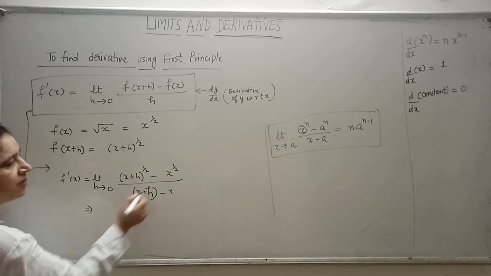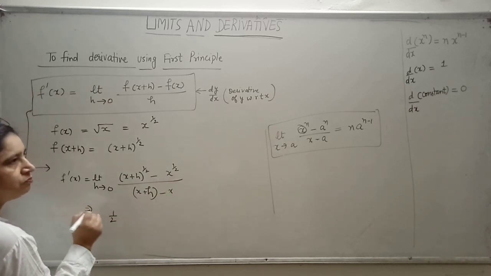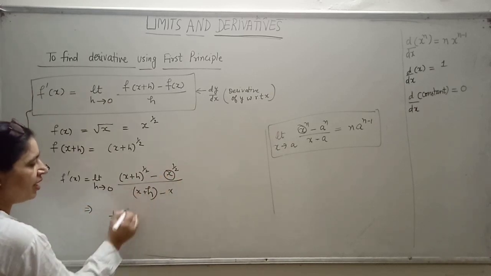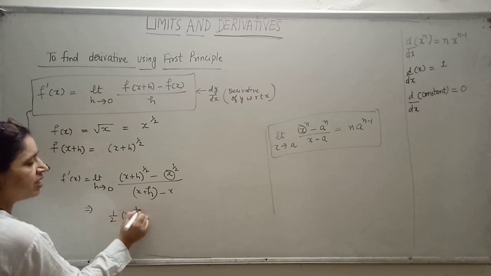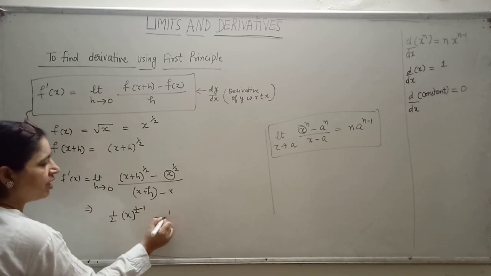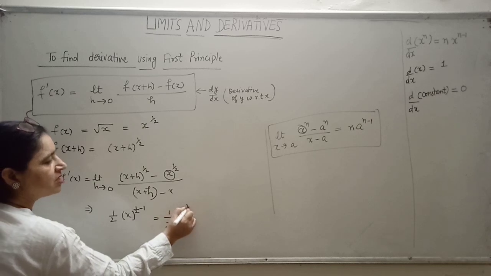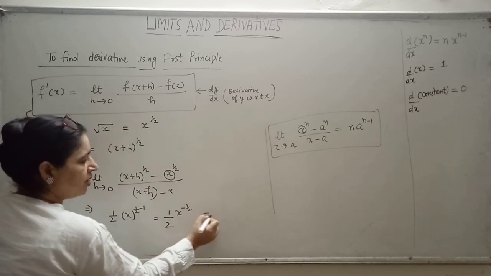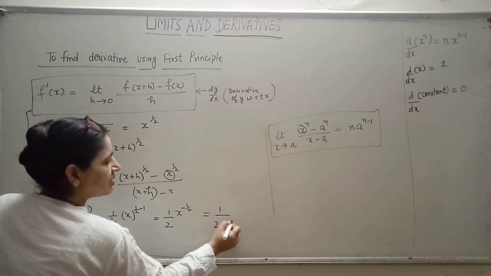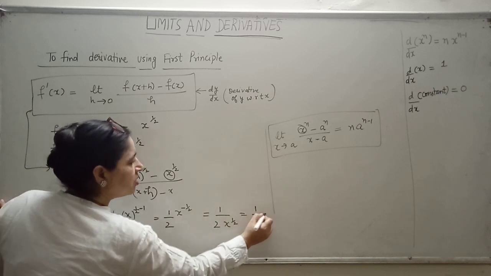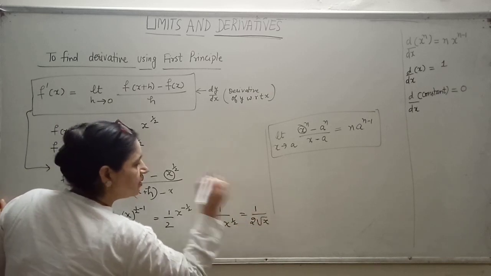Then by applying this formula, what it would become, n is your 1 by 2, then what is a, that is x, 1 by 2 minus 1, so it would become 1 by 2 x raised to power minus 1 by 2, okay. So it will be written like this.